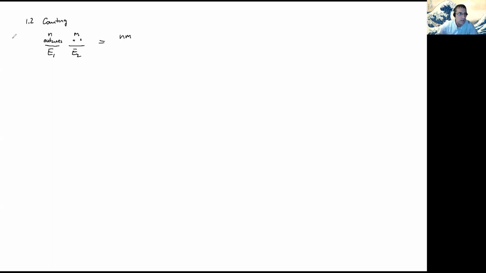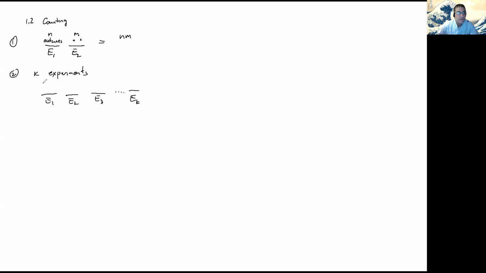So that's the basic rule, but we can generalize this to say K experiments: E1, E2, E3, all the way up to EK.